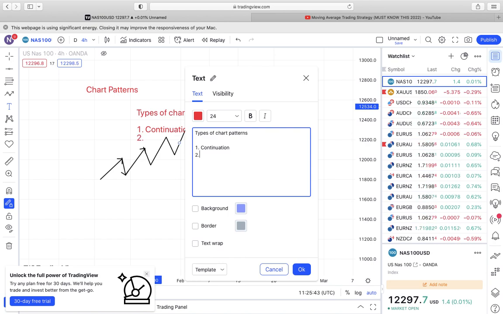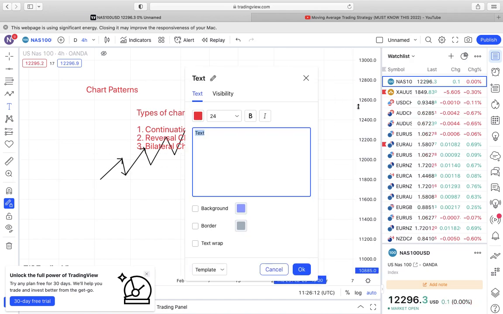The second one is the reversal chart pattern. Then lastly, we have what we call the bilateral chart pattern. Now today, guys, we are not going to waste a lot of time.